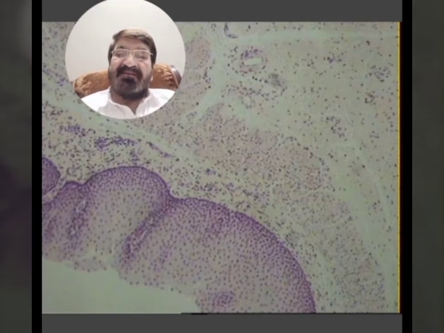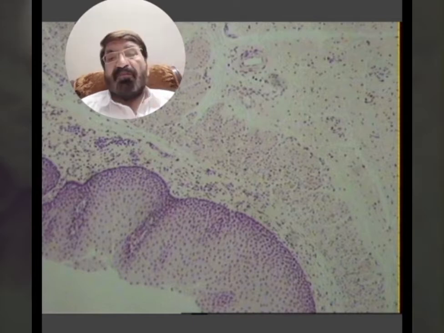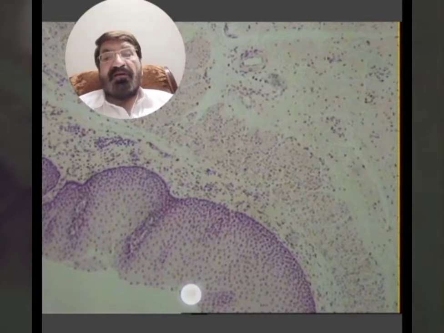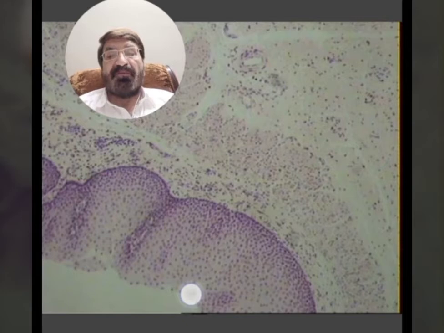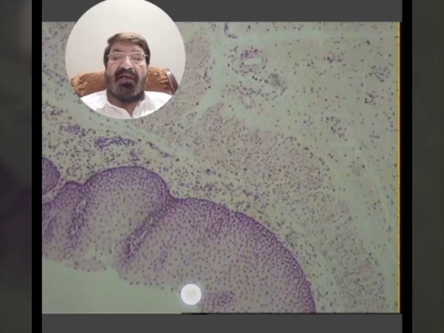They are not having any keratinization because this is a moist type of epithelium. Remember, I have told you a very golden word, that all the gastrointestinal tract is lined by simple columnar epithelium except the esophagus and the anal canal.